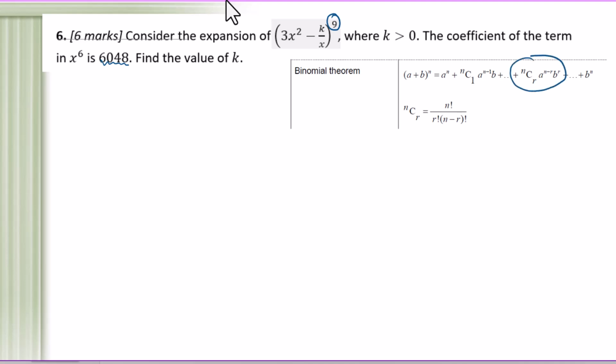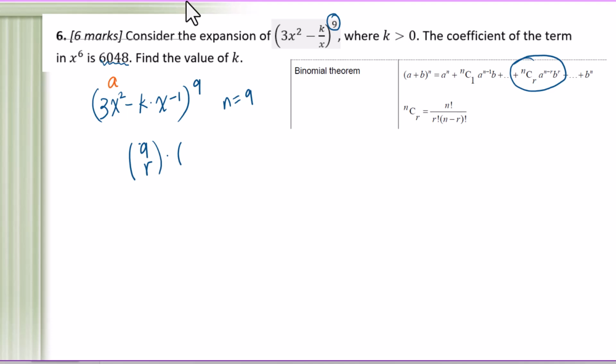The general form is (3x squared minus k times x to the negative first power) to the power of 9. n equals 9, so 9 choose r times, a is 3x squared, b is negative k x to the negative first power.